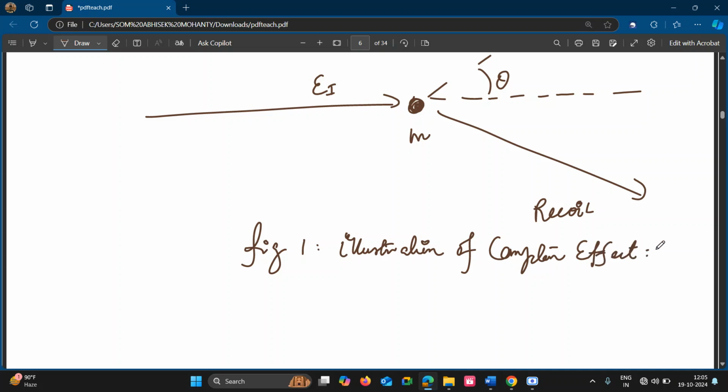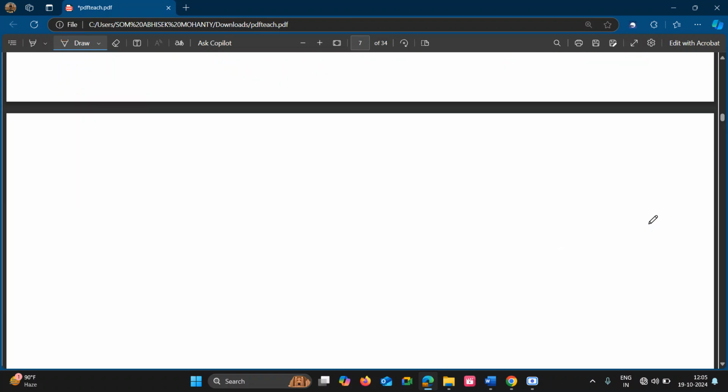So first we'll write the initial and final four-momenta, and we'll do the conservation part. Suppose the initial momentum is P^α_I, and the final momentum is P^α_F, respectively of the photon.